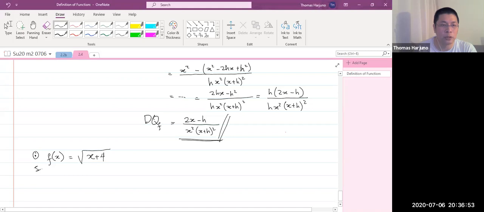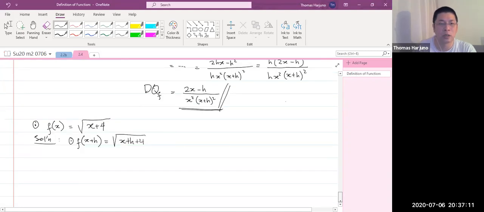Then the difference quotient is, well, f of x plus h first is the square root of x plus h plus 4, such that the difference quotient is, on the top left, square root of x plus h plus 4 minus square root of x plus 4, over h.